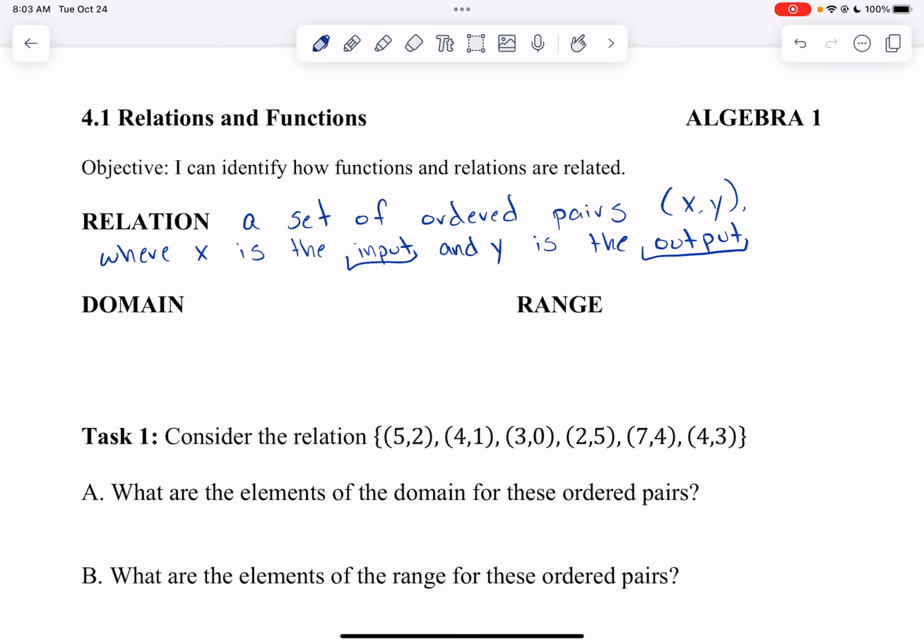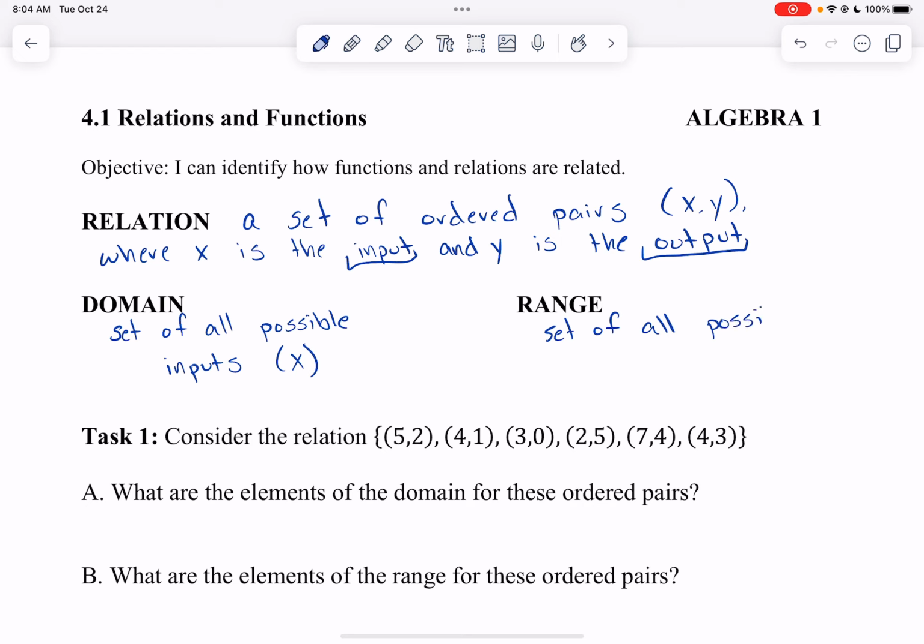The set of all the possible inputs is called the domain. So the domain is those x's, and the range is the set of all possible outputs, which we know are our y.